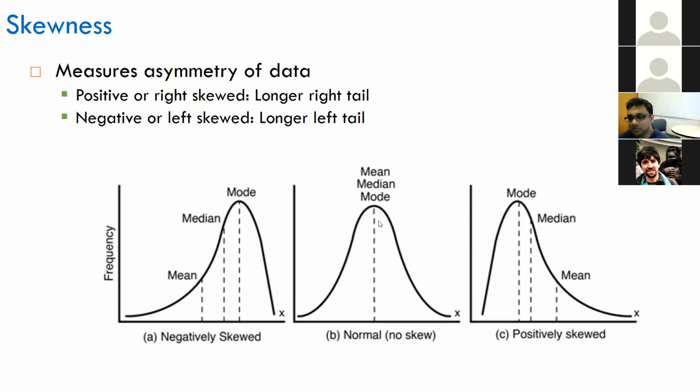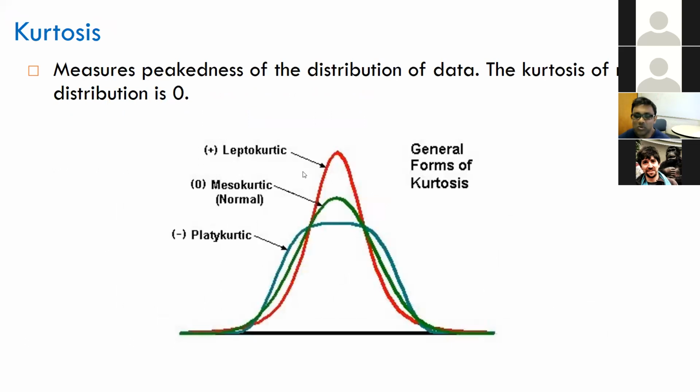Kurtosis is a bit different. Although you have a symmetric bell distribution, this bell distribution can change. What if the bell goes up here like this and finishes like this? Or the bell goes all the way like this and goes like that. That's called kurtosis. The bell distribution can be like the green line, or the red line, or the blue line.